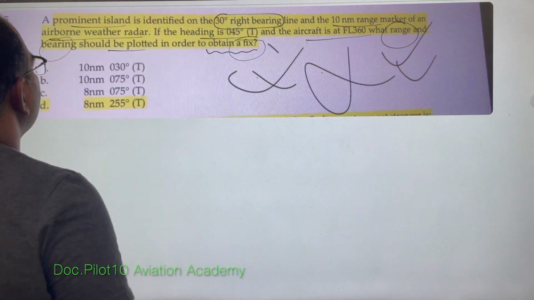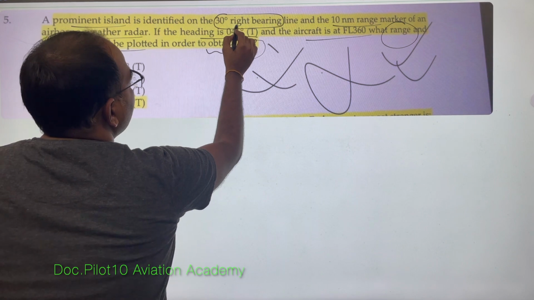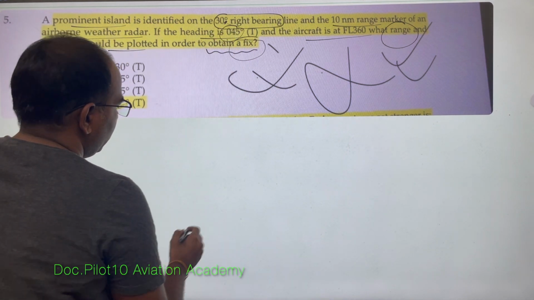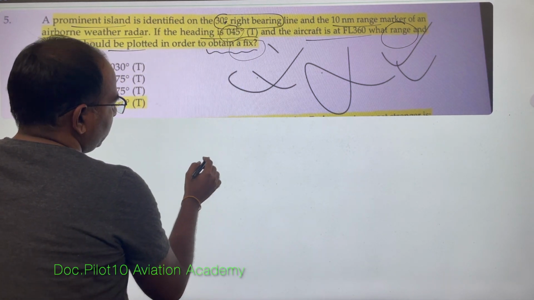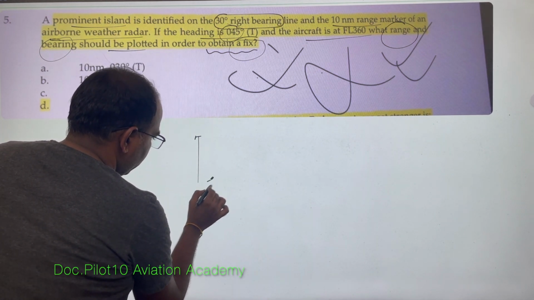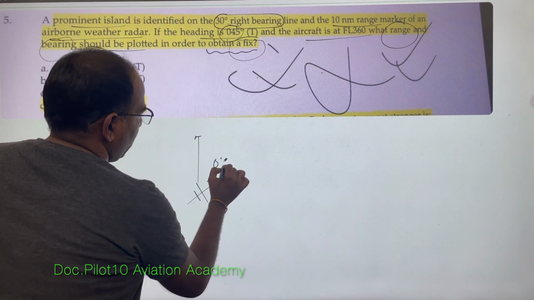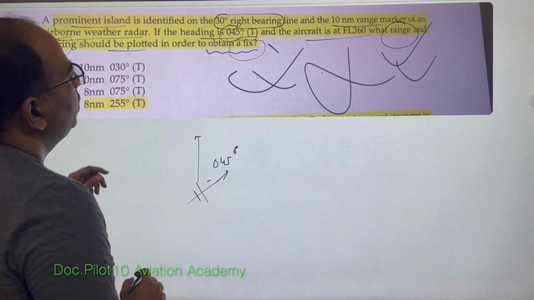Next, now given the aircraft heading is 045, correct. That means if this is north, the aircraft is moving like this on 045, correct.